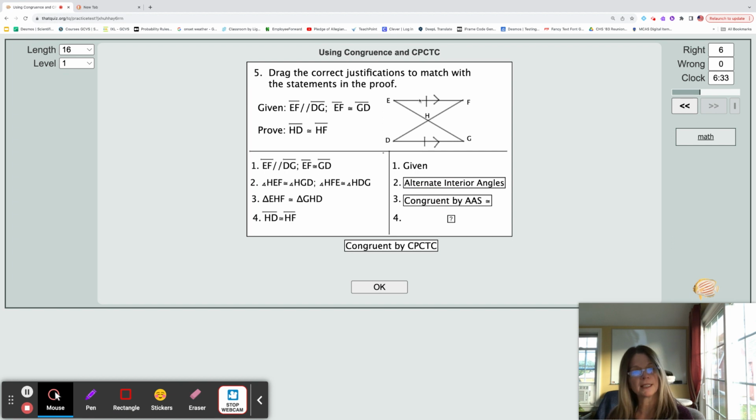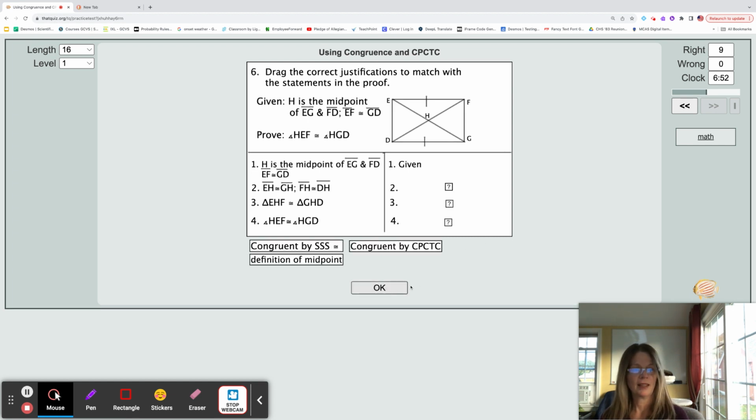And so the reason why it's angle, angle, side is this angle, which is vertical, this angle, which is alternate interior, and that side. And finally, HD, last two letters, congruent to side HF, last two letters, by CPCTC. Hopefully you feel like you are going to have success completing the rest of this activity.